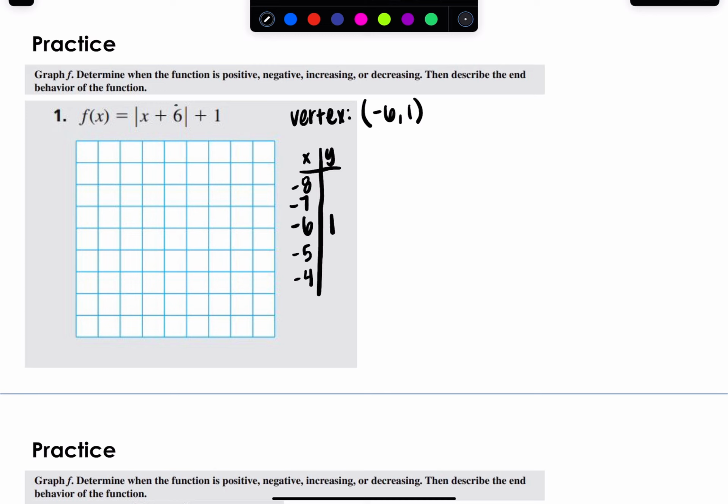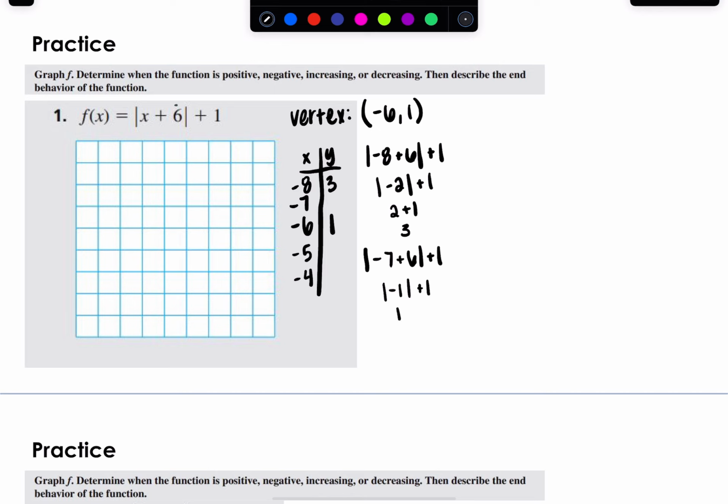If you're running out of space on your paper, you can use the back of this page. All right, so -8 + 6 + 1, that's -2, which becomes +2, so that will be 3. And then we have -7 + 6 + 1, so -1, which becomes +1, which is 2.